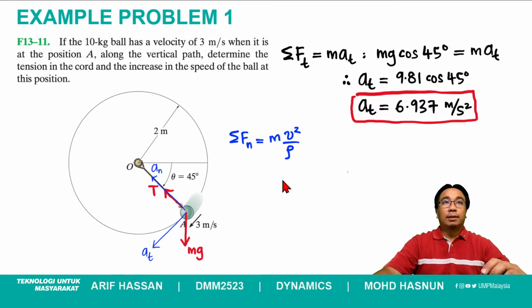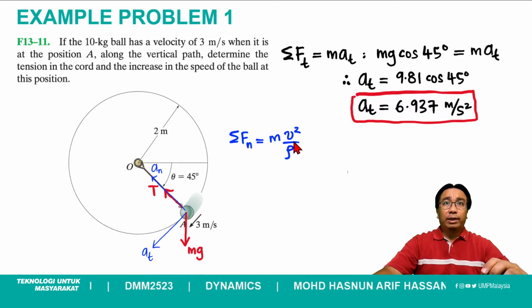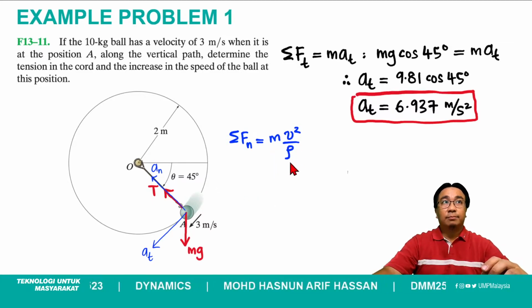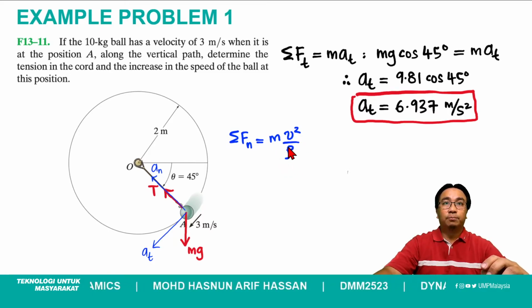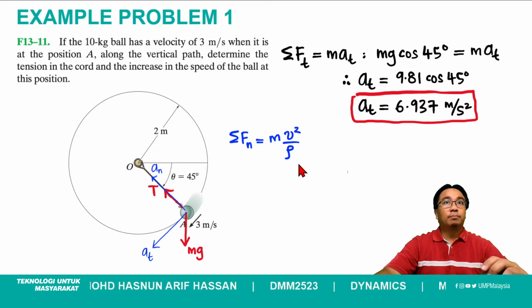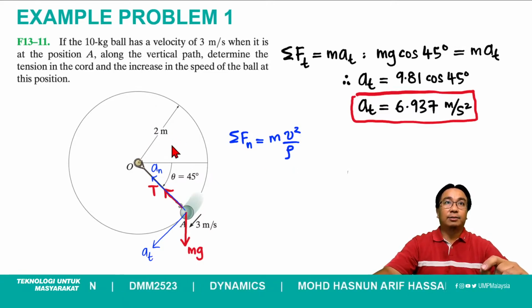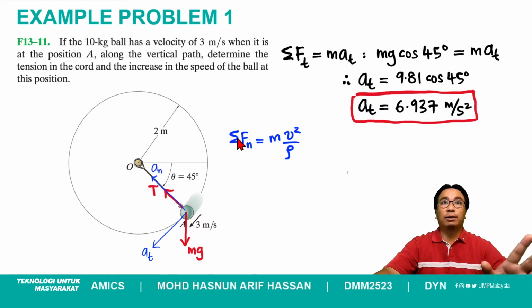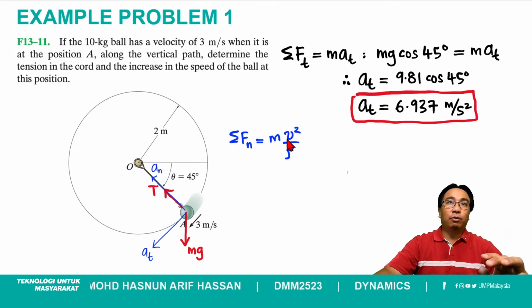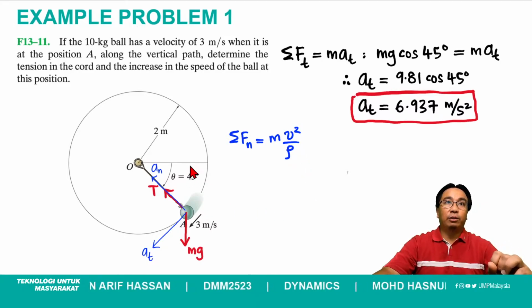Okay. What is rho in this case? What is the value of rho? 2 meter. Radius of curve. Good, correct, radius. So rho is equal to 2 meter. It is already given, so we don't have to calculate rho. What is the value of V? Do we know the value of V?